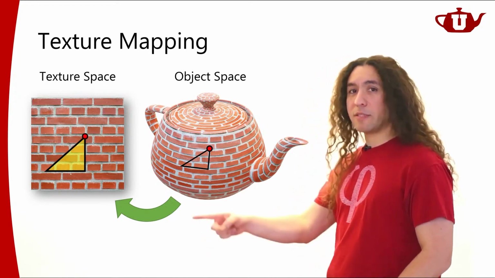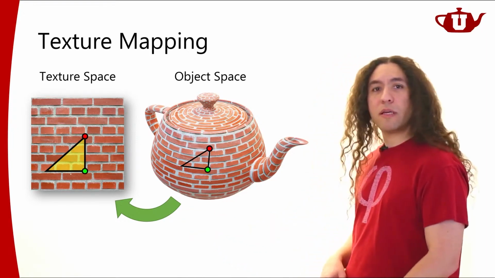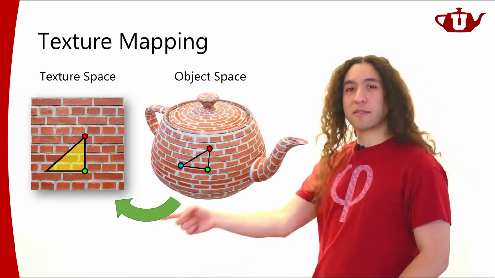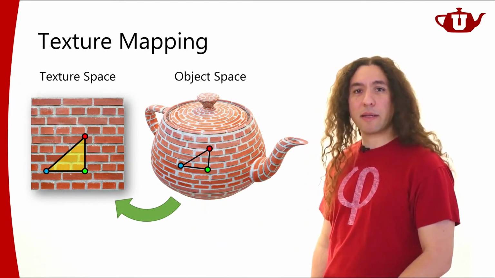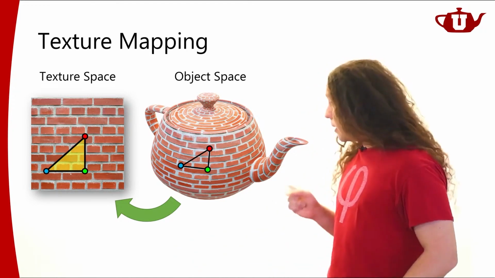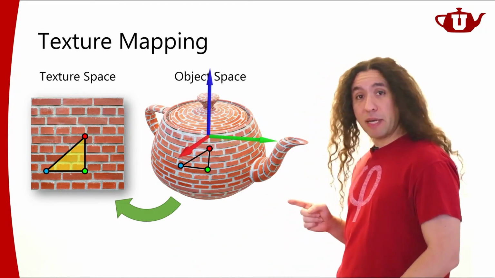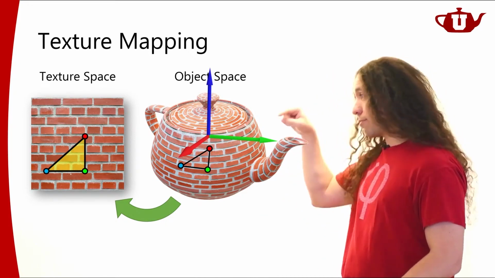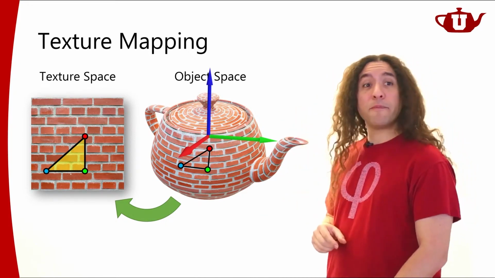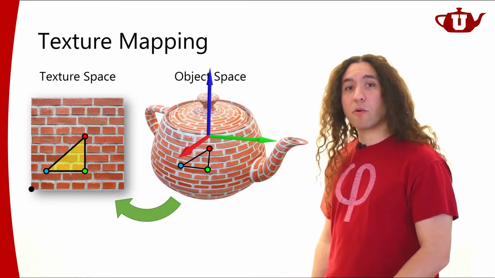This red vertex corresponds to there, this green vertex corresponds to over here, and this blue vertex goes over there, right? And all these positions in object space are vectors, so they live in the object space. So this is the coordinate frame of the object space. Similarly, in the texture space, I'm going to have a coordinate frame as well.